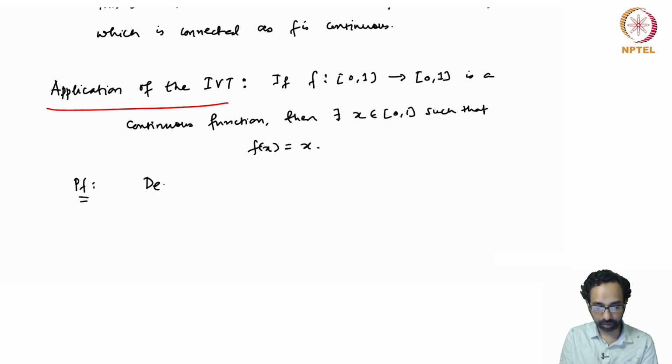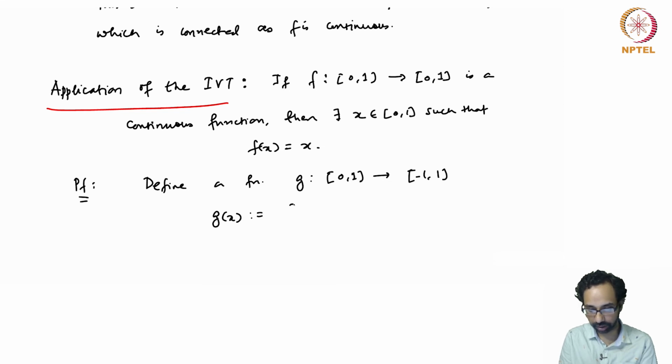So define a function g from [0, 1] to [-1, 1], and this function g is defined as g of x is equal to f of x minus x.